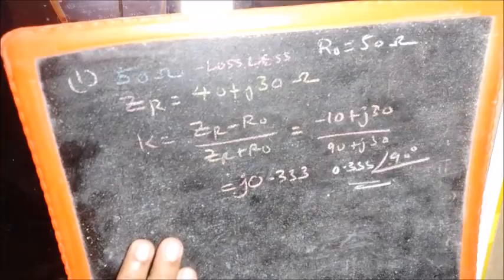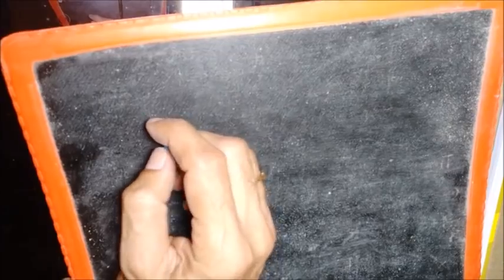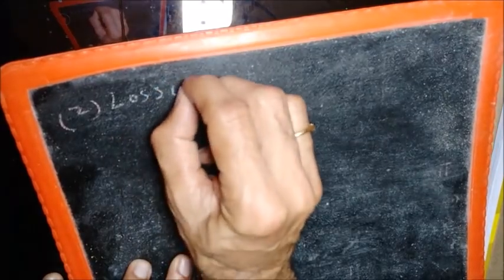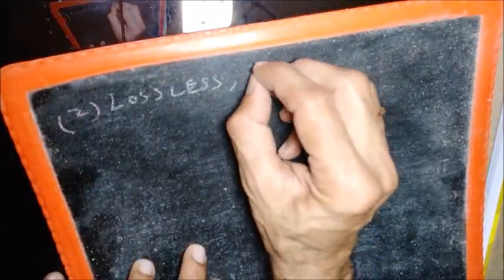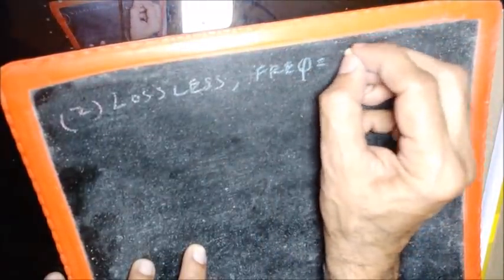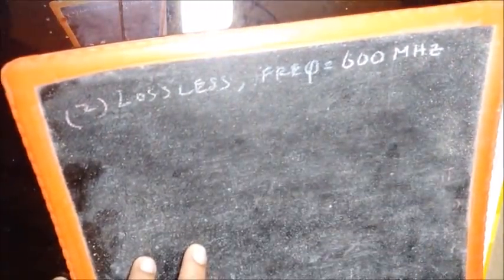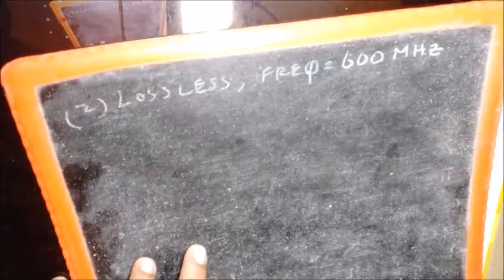Okay, now next one. Again, a lossless transmission line, and the operating frequency is 600 megahertz.